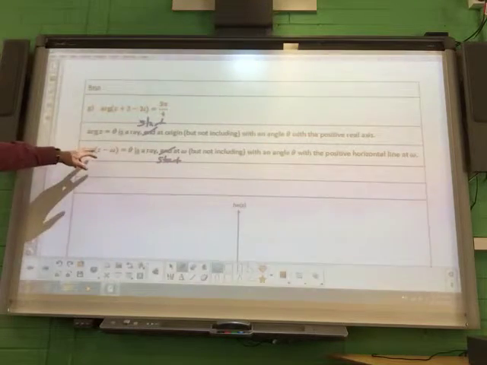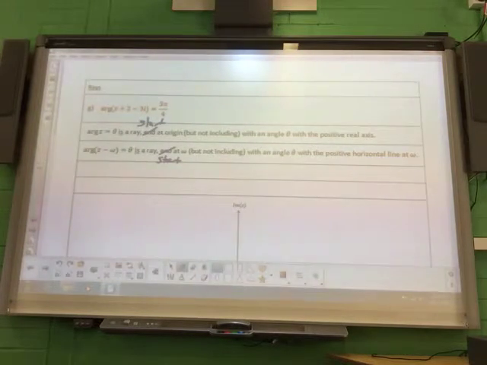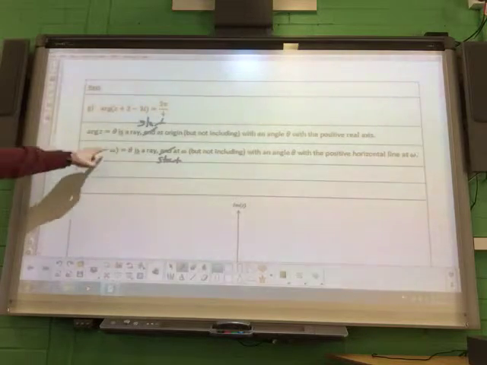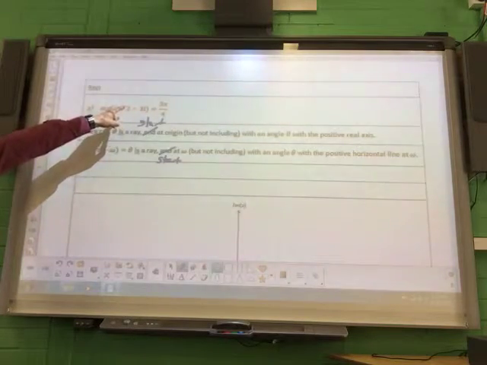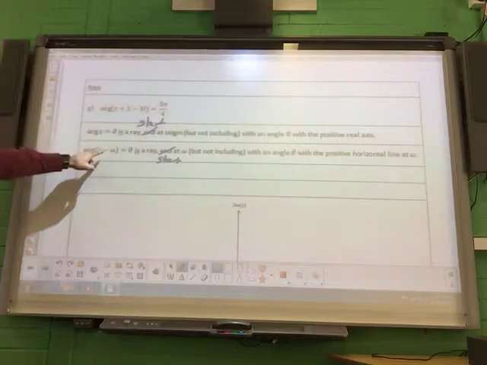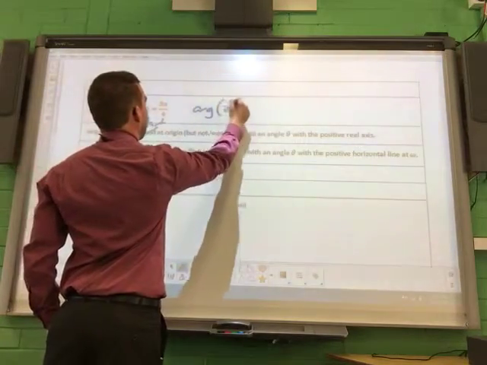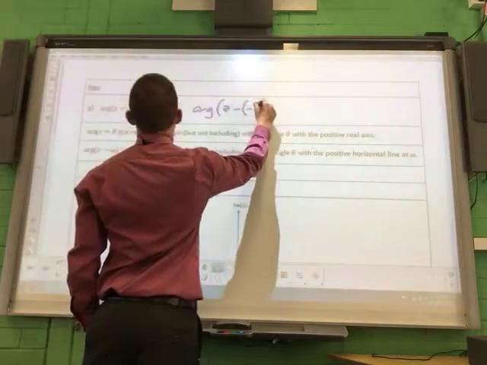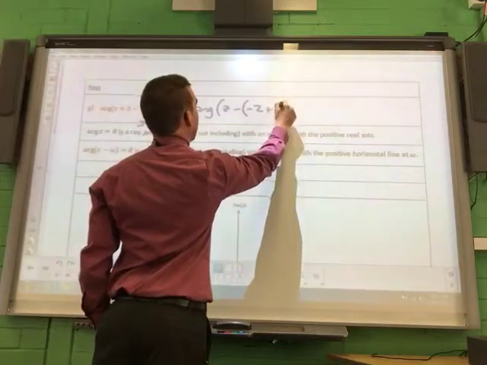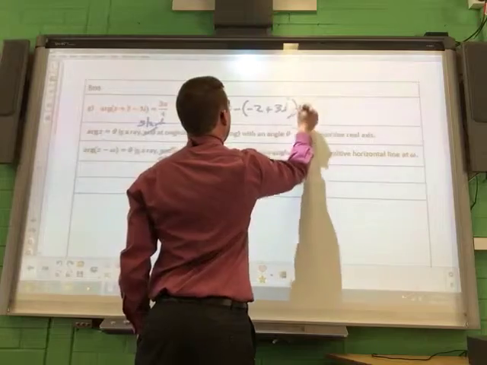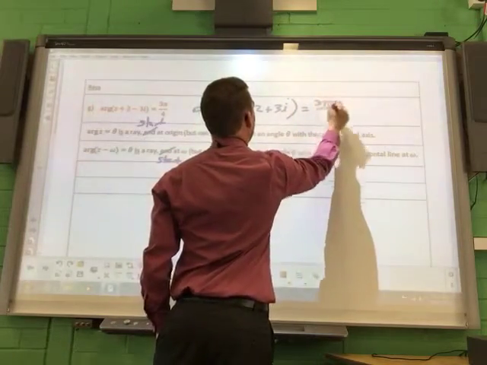So again, this is another one of the z take away omega. So we need to find where omega is by appropriately swapping the signs around, because we need z take away omega. In other words, arg of z take away a negative 2 plus 3i is equal to 3 pi on 4.